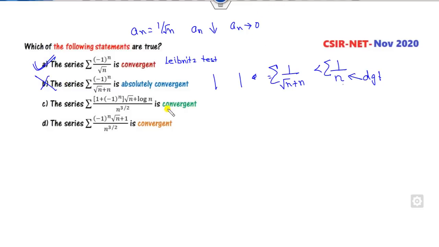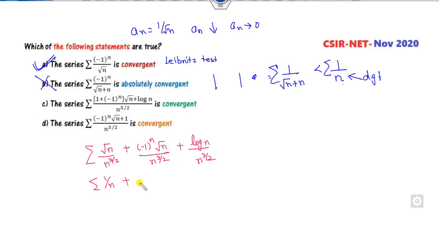Look at this third option. I open this summation first. I can rewrite this as root n plus minus 1 root n plus log of n, divided by n raised to power 3 by 2. So what is that?